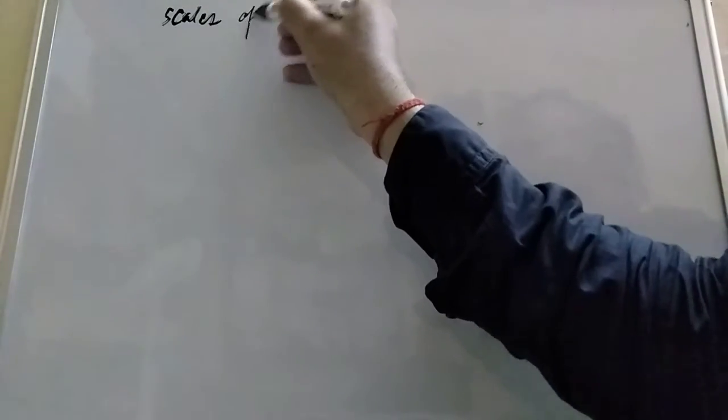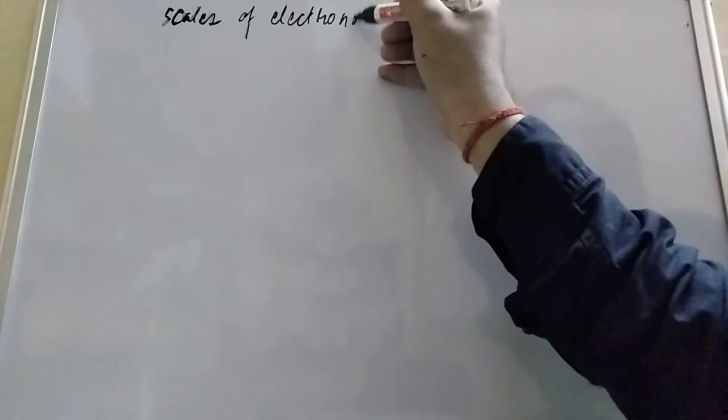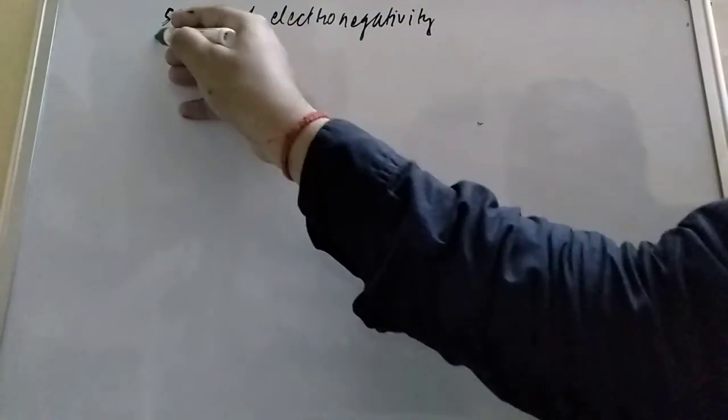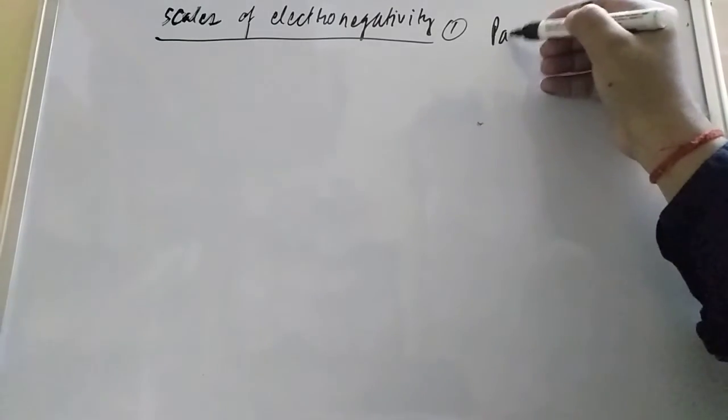Scales of electronegativity: the first scale is known as the Pauling scale.